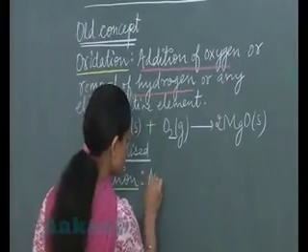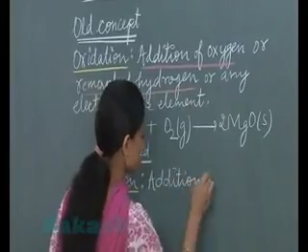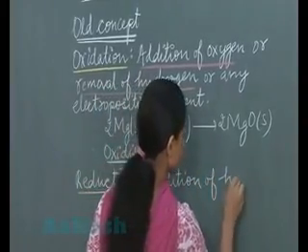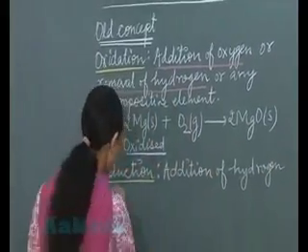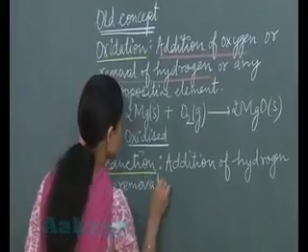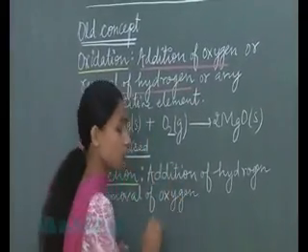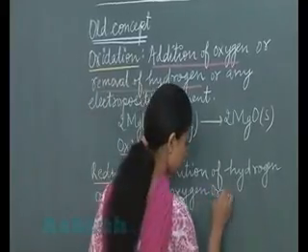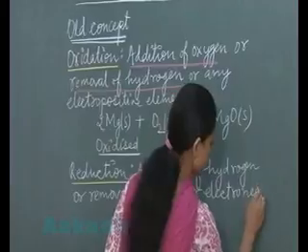So reduction involves addition of hydrogen or removal of oxygen, that is opposite to oxidation, or removal of electronegative element.